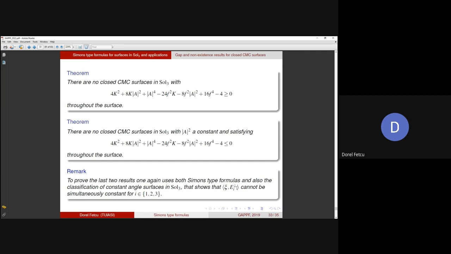We use the first one to obtain the exact values of K, the square norm of A, and that of the angle between C and the normal part of E3, and then plugging these values in the second Simon's type formula, we can see that the angles between the unit normal vector field to the surface and the three vectors in the canonical frame have to be simultaneously constant, which cannot happen because of the classification theorem for constant angle surfaces obtained by Lopez and Munteanu.